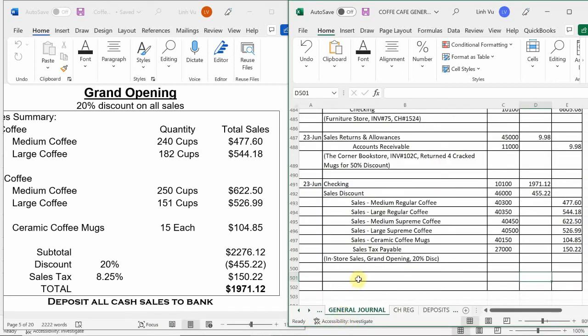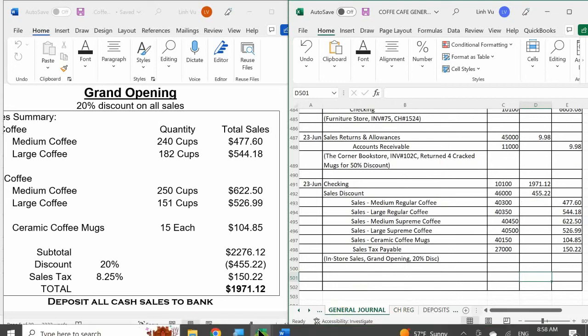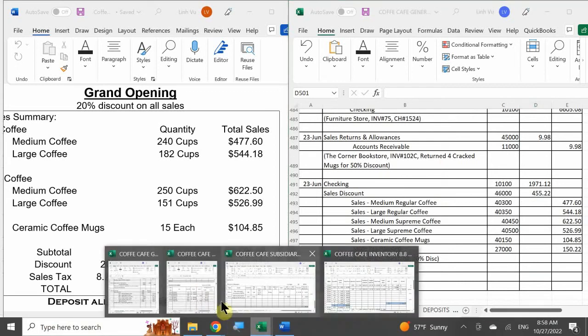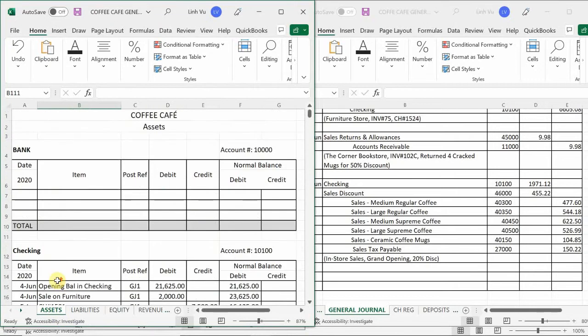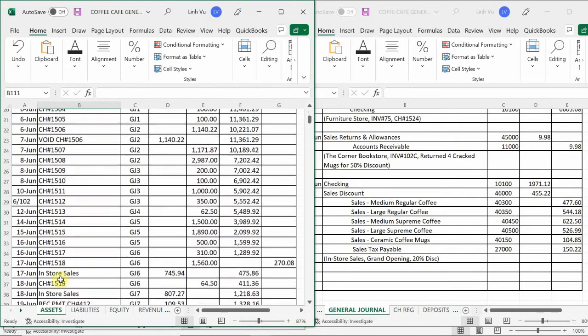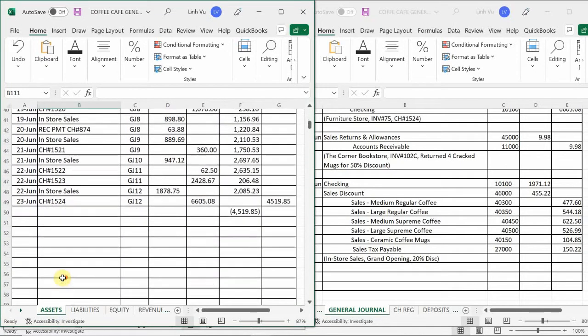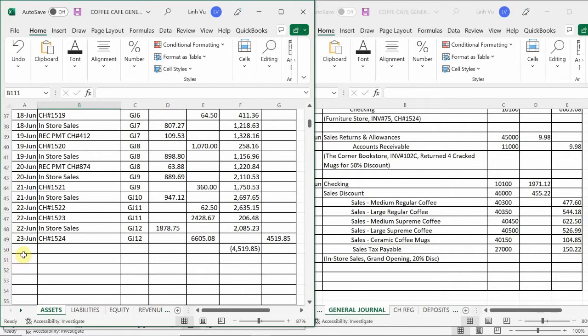So what's next? We're going to go to our ledger. We're going to update my checking account. Most importantly, my checking account. So let's see what happened here.